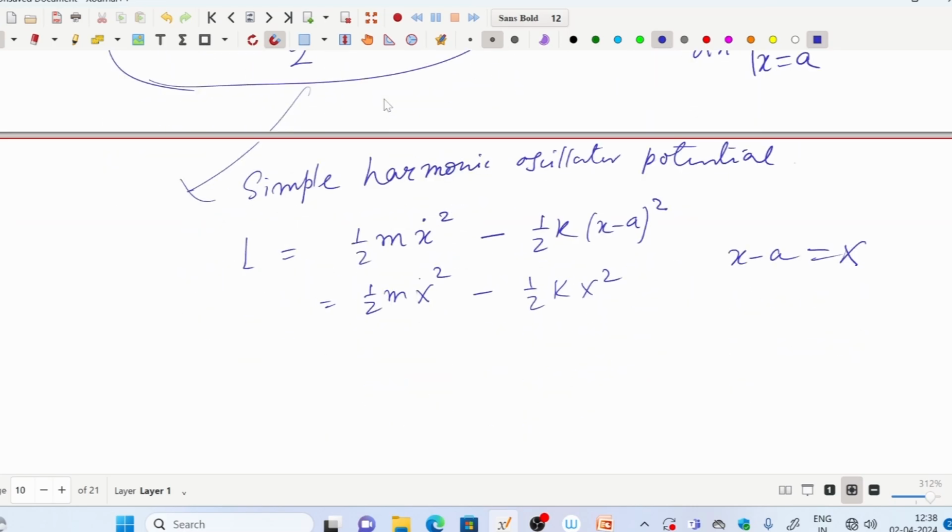This is the harmonic oscillator Lagrangian, and the frequency of oscillation is root k by m.